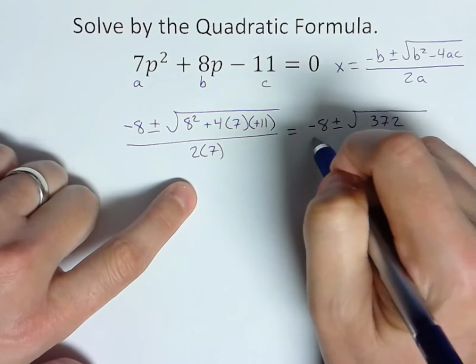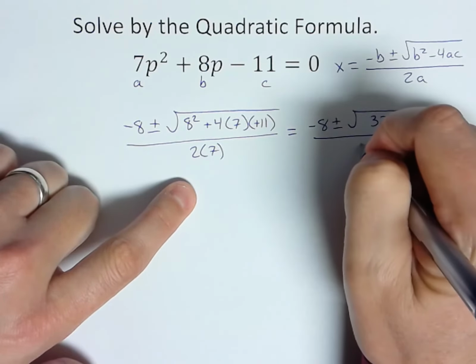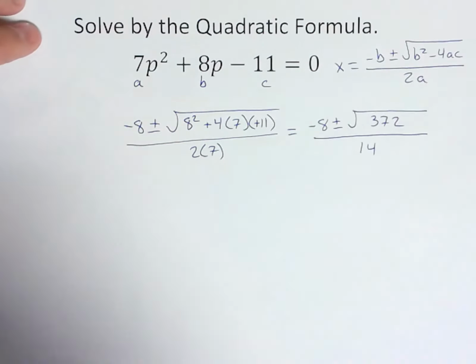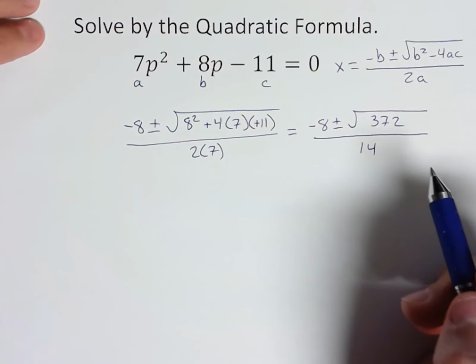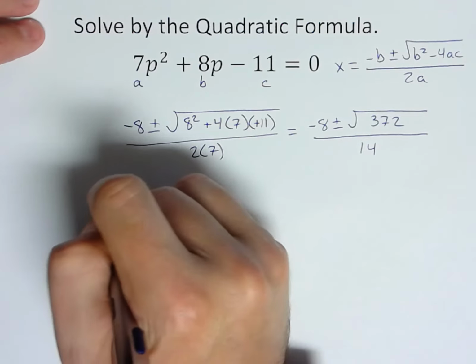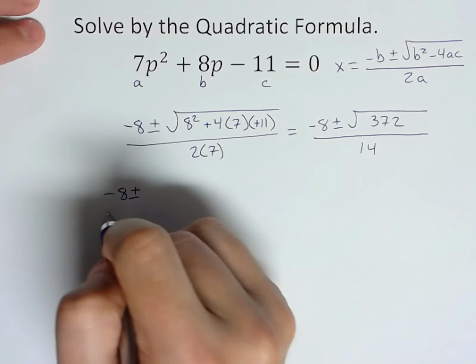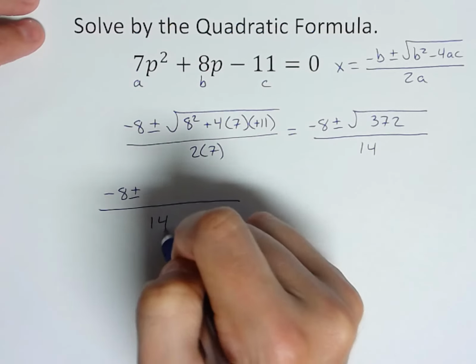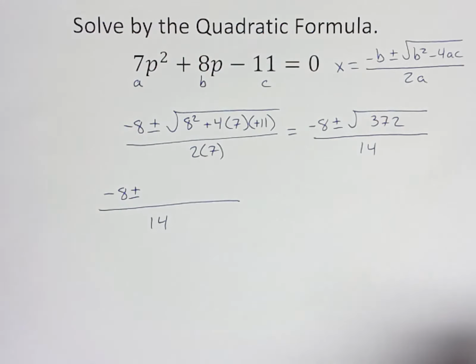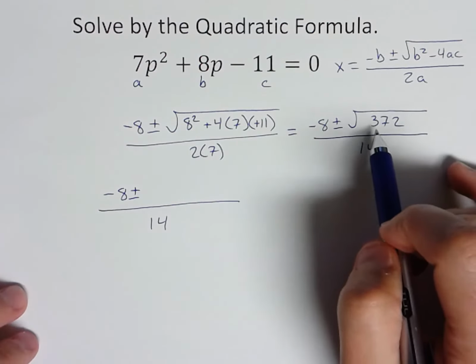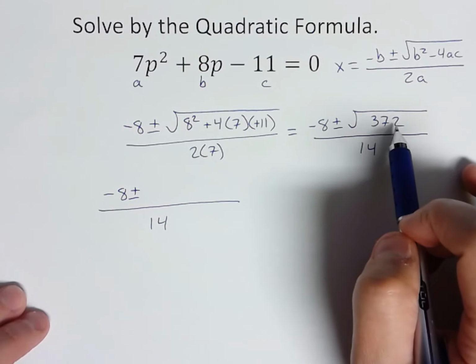So the square root of 372, all over 14. And now we want to see if we can simplify things. So this is where we want to try to simplify the square root of 372.